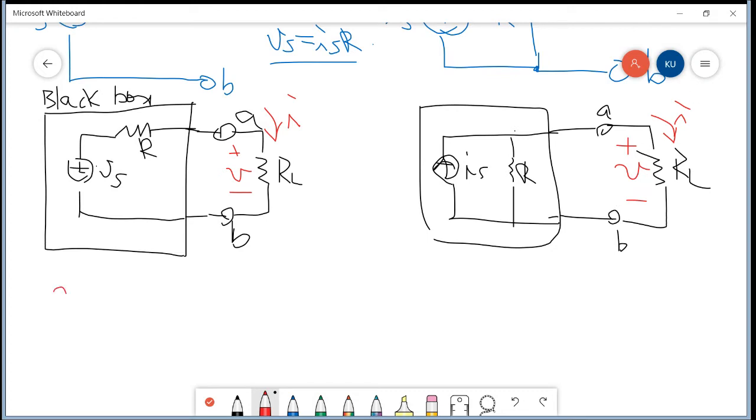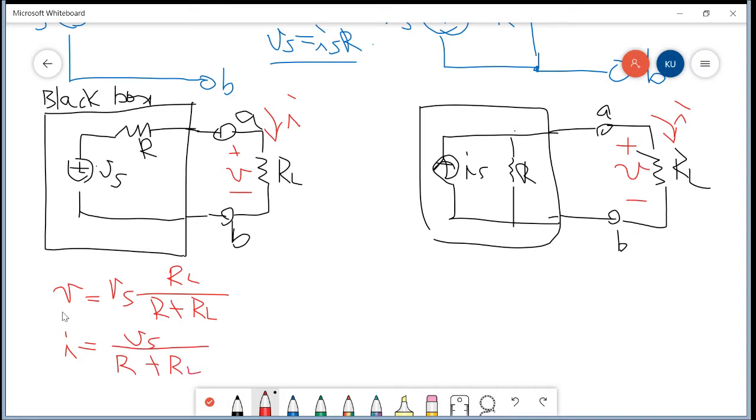So actually, for the left hand side, V is nothing but Vs times RL over R plus RL, and the I is actually Vs over R plus RL.